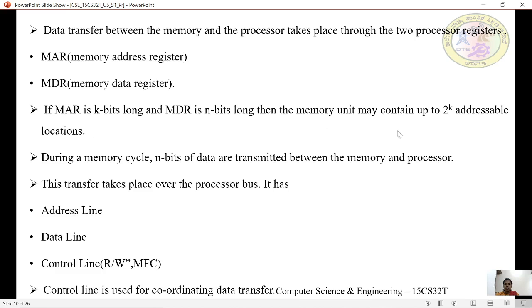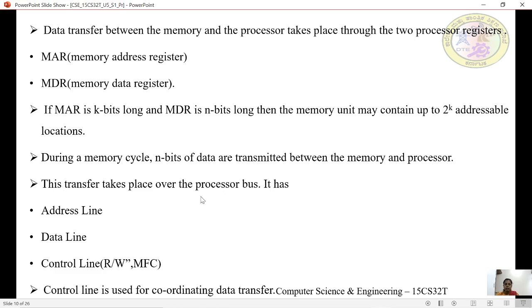So the size of the memory depends upon the number of address bits. During a memory cycle, n bits of data are transmitted between the memory and the processor. This transfer takes place over the processor bus.